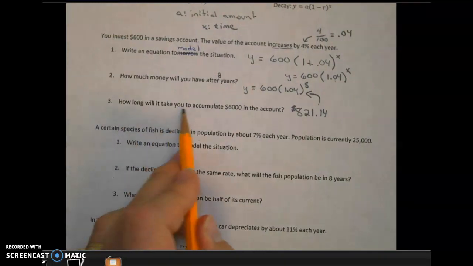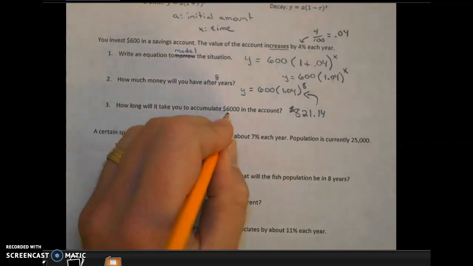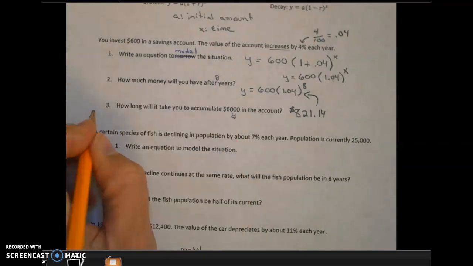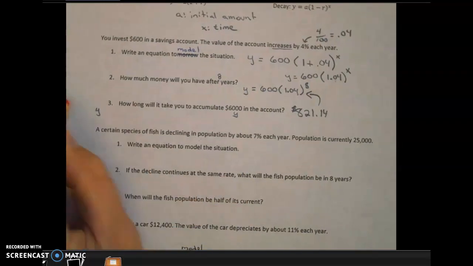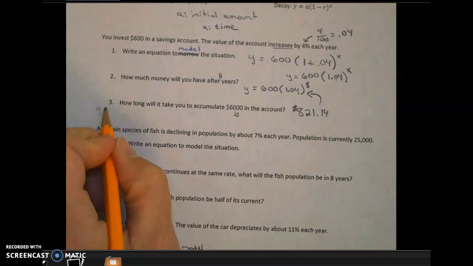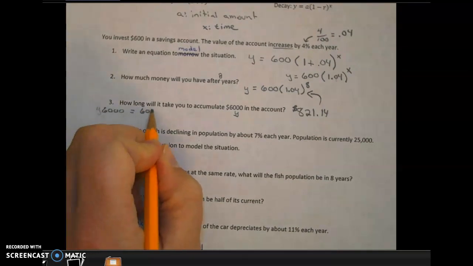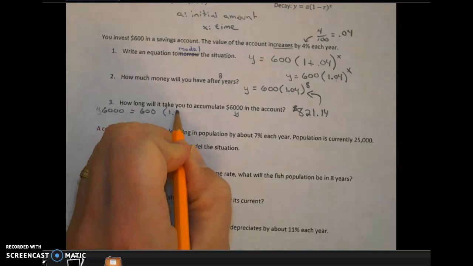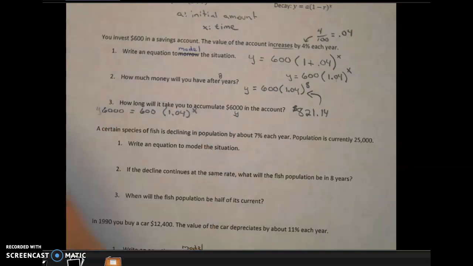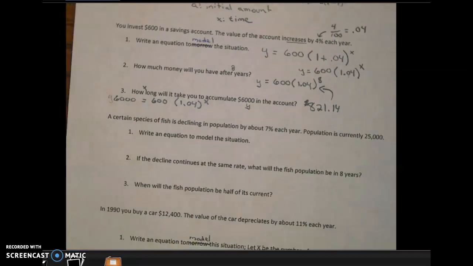How long will it take you to accumulate $6,000 in the account? Well, this is going to be our ending amount, so that's going to go in for y. It's asking for how long, so we're going to be looking for x.